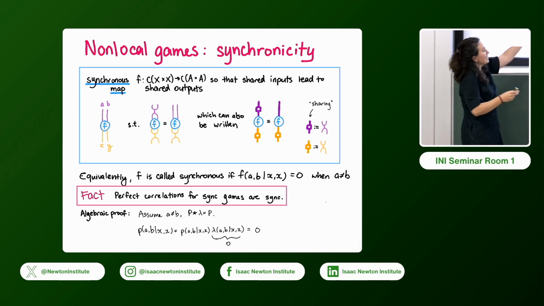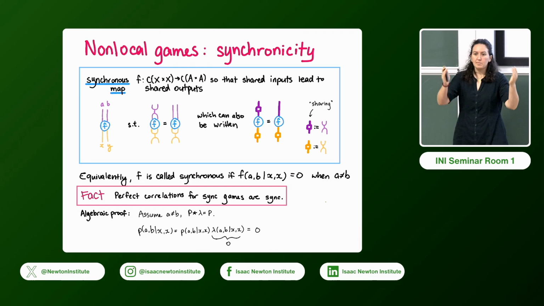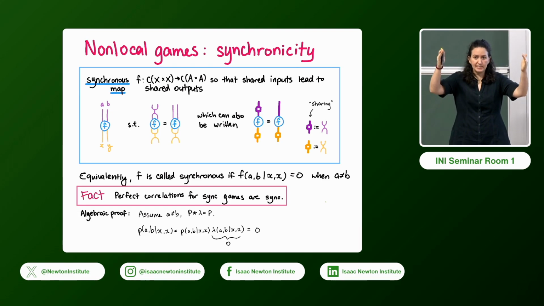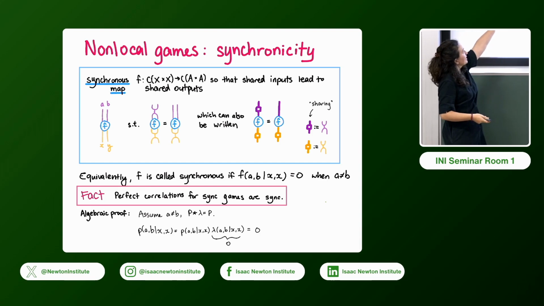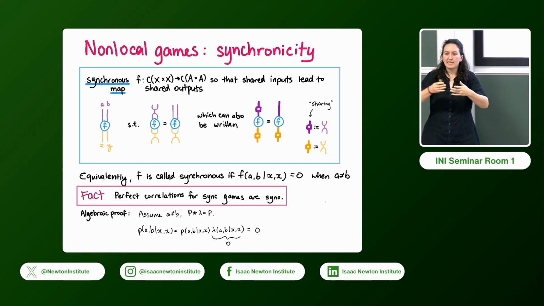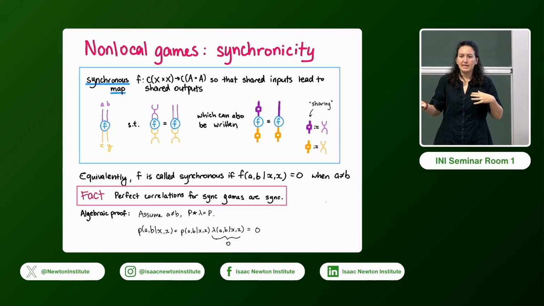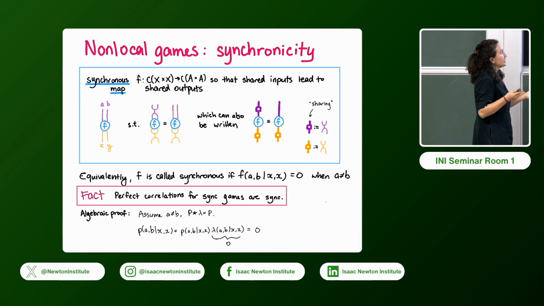And you can read it as saying that if you take 2 inputs, merge them and then recopy, so check if they're the same, which is projecting onto the diagonal, and then you apply your map, it shouldn't matter if you check if they're the same after or not. If the answers are the same, that should give the same result.